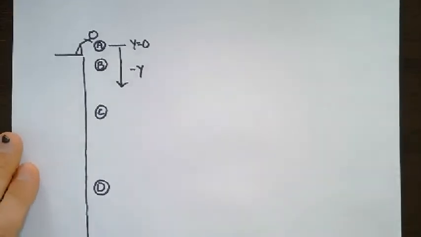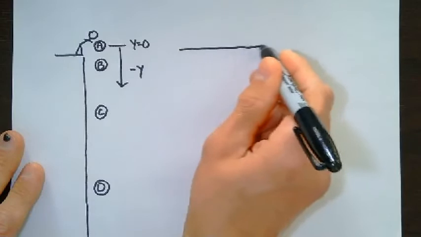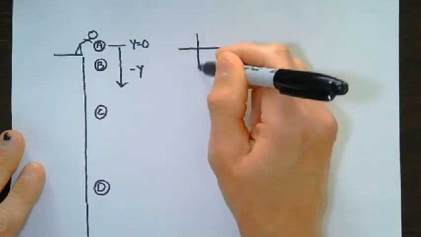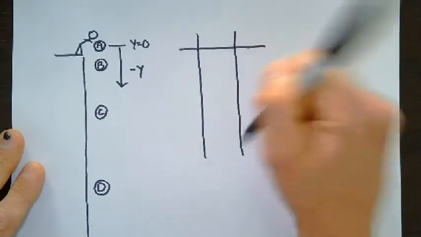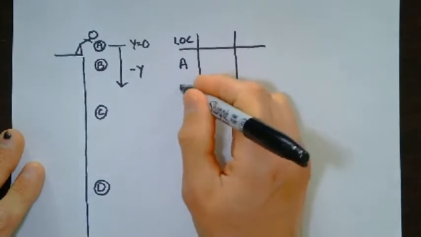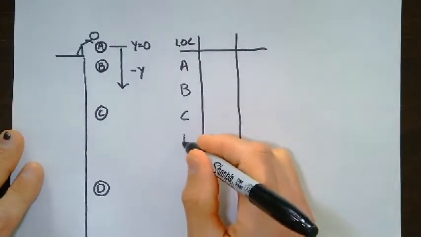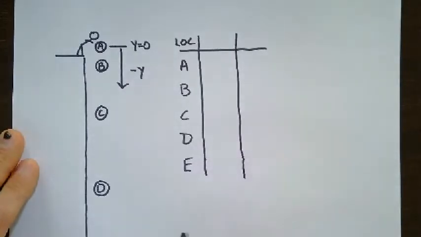Okay. So let's make a table again. And again, we're going to do 3 columns. The first column is going to keep track of our location. And how about we go all the way to position E?